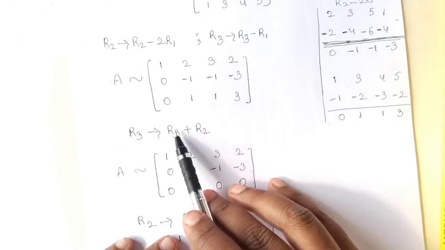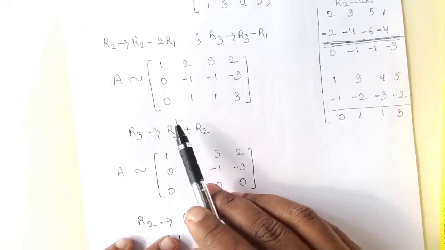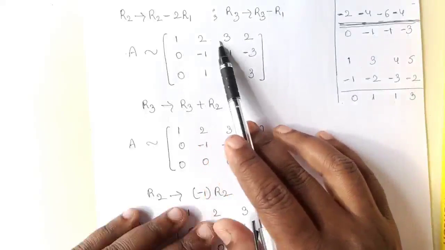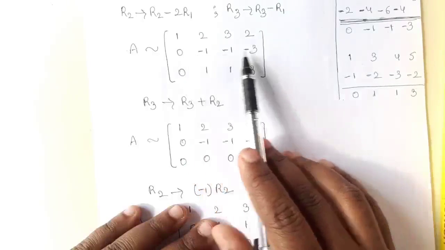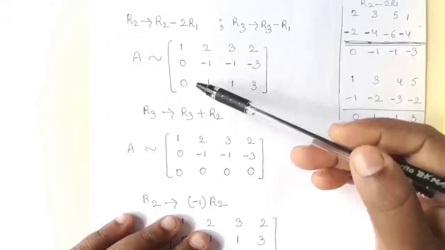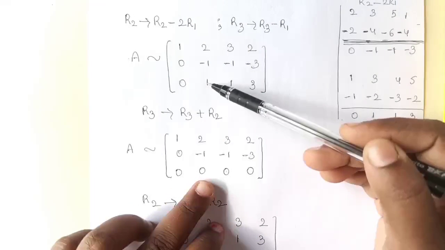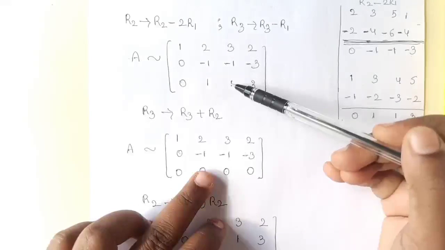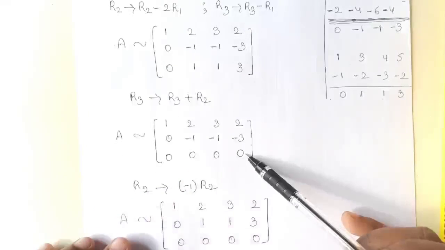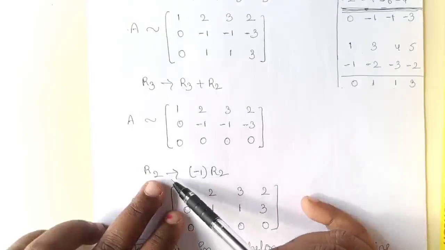If I apply this operation, 1 minus 1 becomes 0, so that we get 1 2 3 2 as it is, R2 also as it is. R3 is changed as R3 plus R2, that is 0 plus 0 is 0, 1 minus 1 is 0, 1 minus 1 is 0, 3 minus 3 is 0. Next we multiply R2 by minus 1.